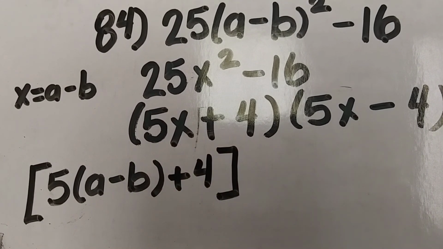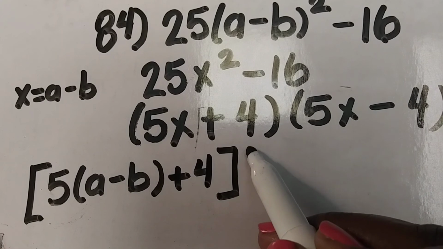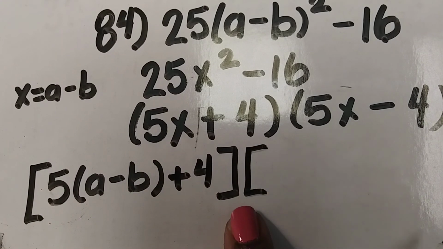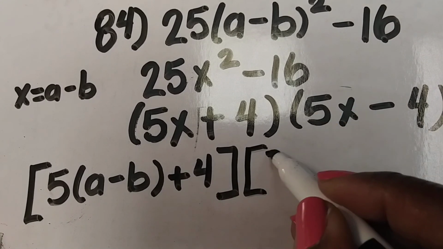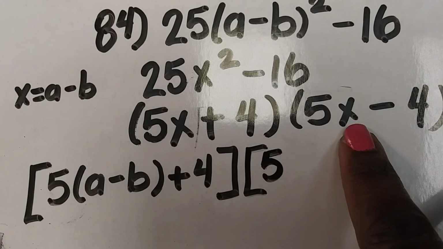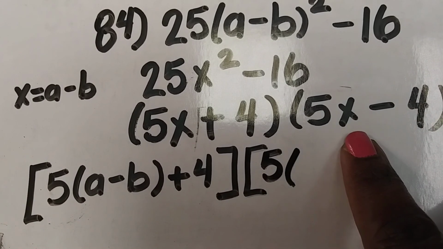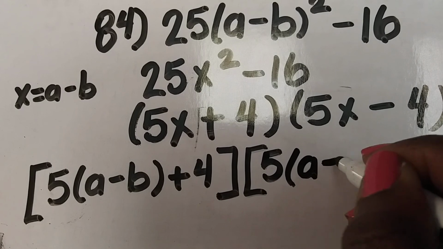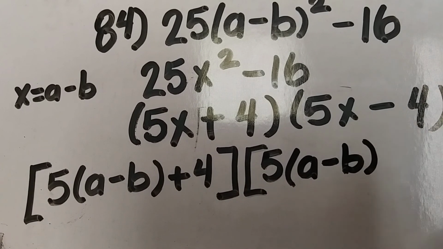And the brackets just help do a little separation for me. But it represents the same thing, multiply, so we're good. I have 5. Where x is, I'm going to substitute x with a minus b. And then I'm going to bring down the minus 4. Do not overthink this problem. Just take your time and work it out.